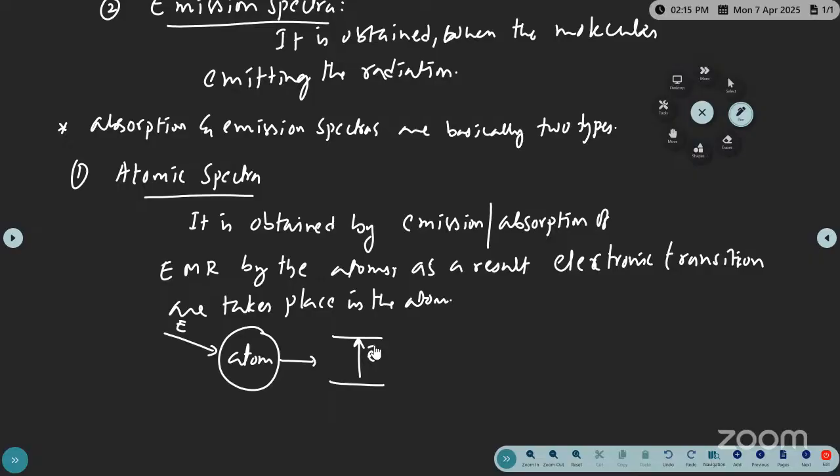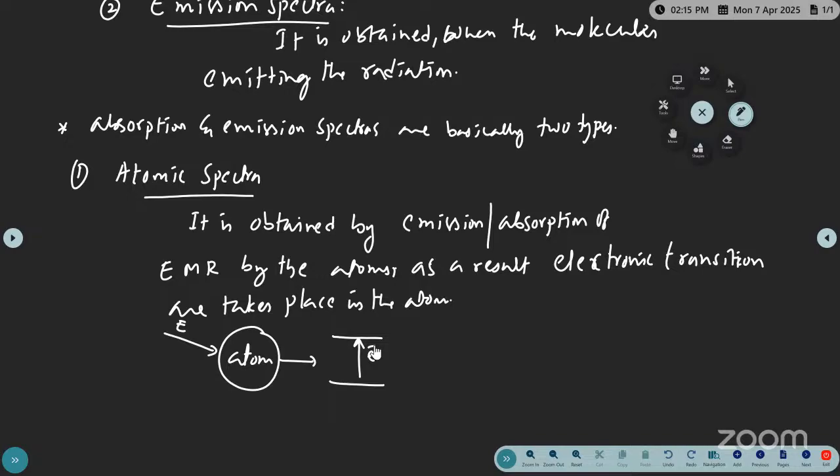Now the energy is absorbed by the atom. By absorbing the energy or radiation, what happens in that atom? The valency electrons are excited from lower energy level to higher energy level, and the excited electron stays there for a few seconds and comes back to lower energy level.